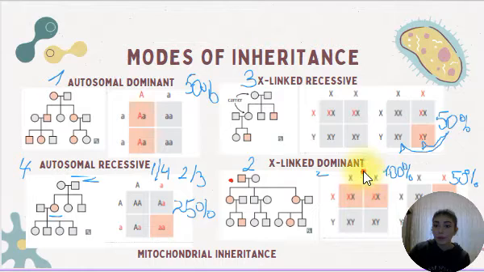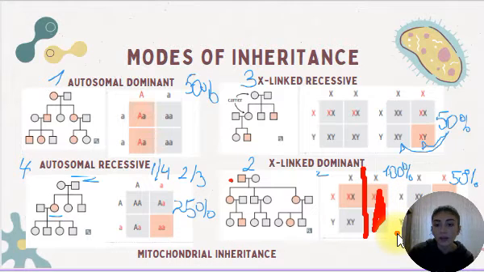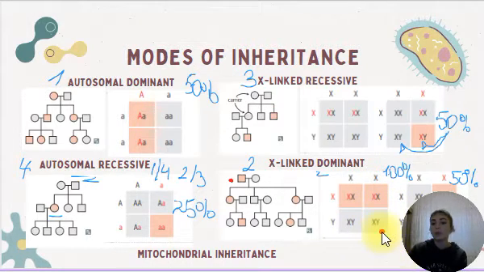And therefore 50% of these 4 children will be affected, no matter the sex, right? Because she passes one X to her son and the other one to her daughter.